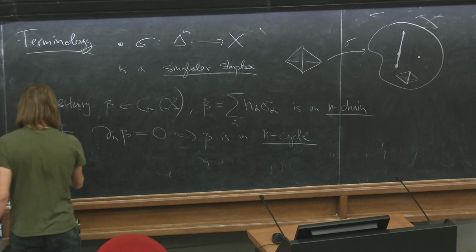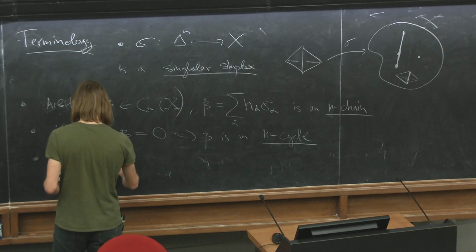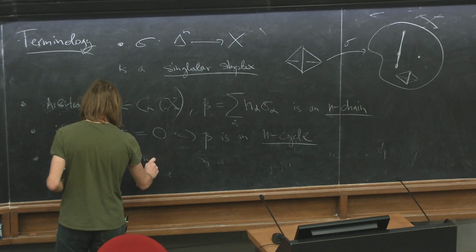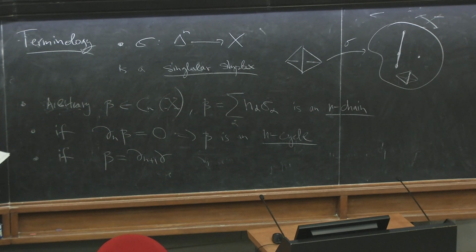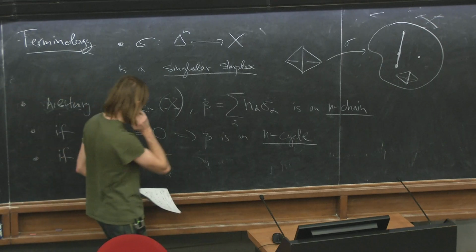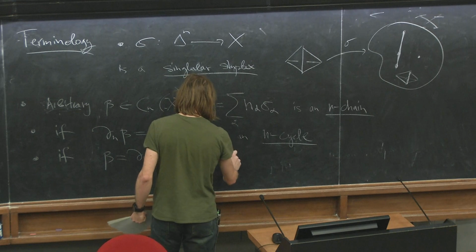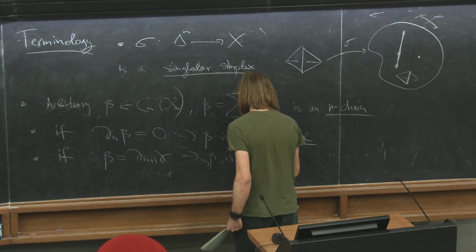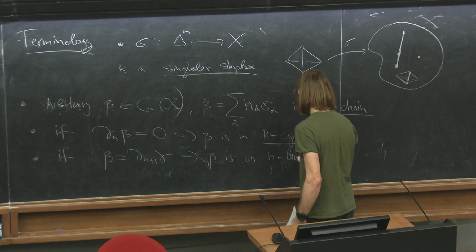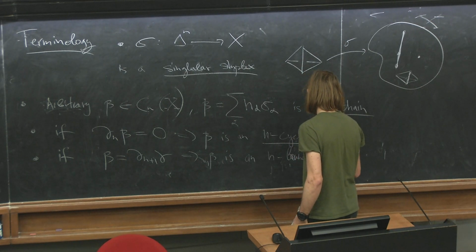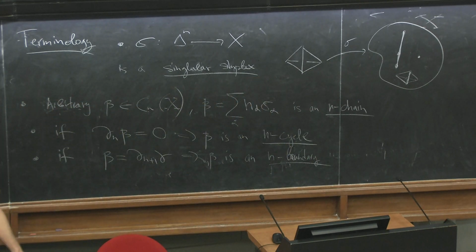And if beta is dn+1 of some gamma, in this case beta is called an n-boundary.